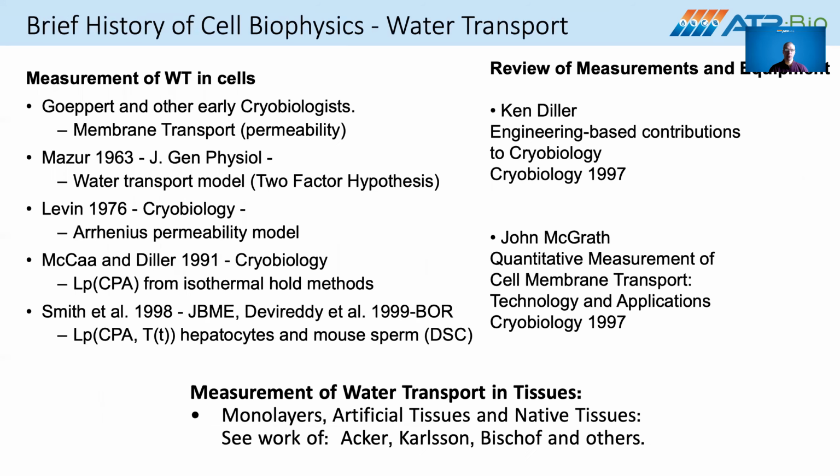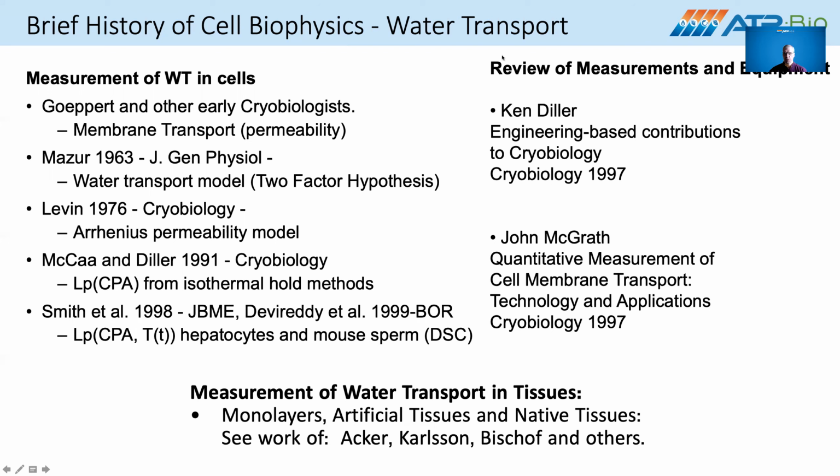There's also some nice background in terms of what I presented: measurement of water transport in cells, Gilmore and the early cryobiologists, Peter Mazur's work in the Journal of General Physiology, the two-factor hypothesis, Ron Levin's work, already mentioned, for Arrhenius permeability modeling, McCaw and Diller showing some cryoprotective agent concentration dependence of Lp, and our work, which was David's.